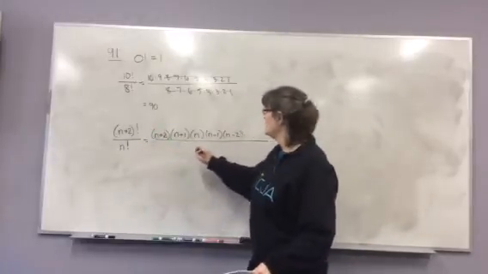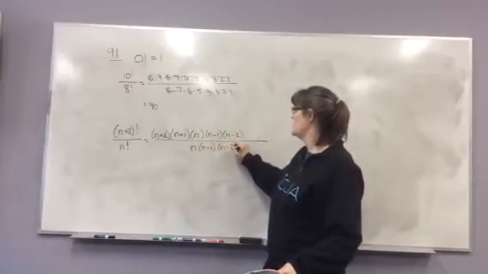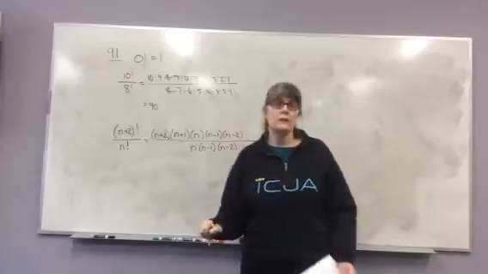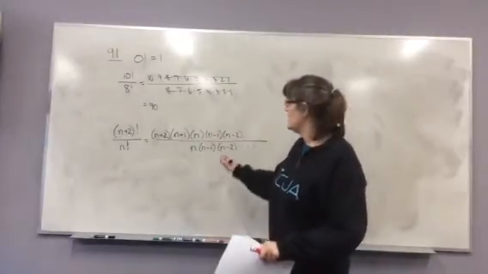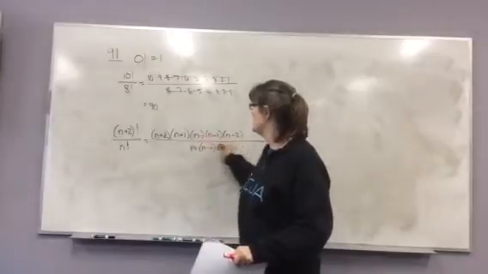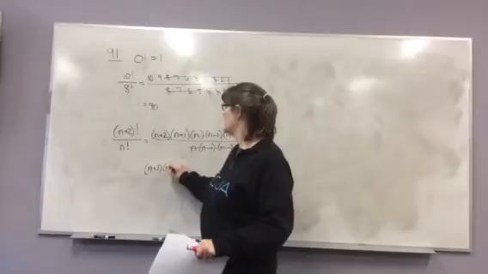So for n, we'll start at n and multiply by n minus 1, n minus 2, etc. I would recommend write out a few terms so you can see correctly how they reduce. So this reduces to n plus 2 over n plus 1.